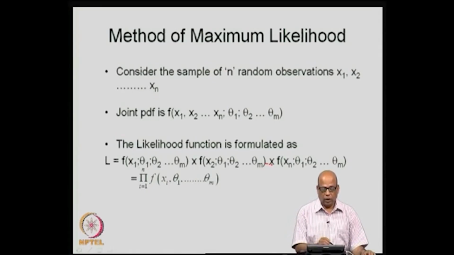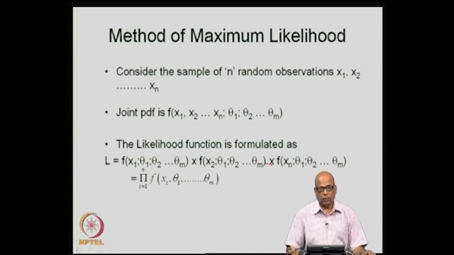In essence we are writing it as a joint distribution of f of x 1, f of x 2, f of x 3 etcetera, and because they are independent and the sample has actually occurred, we obtain the likelihood function as the product of f of x 1 into f of x 2 etcetera for those parameters. So, we first define the likelihood function as the product of f of x i, theta 1, theta 2 etcetera theta m, over i is equal to 1 to n.